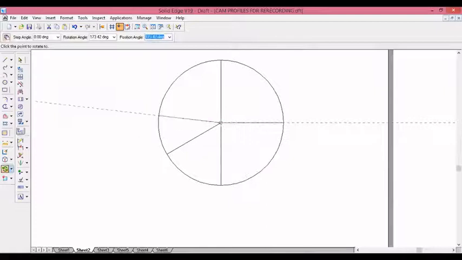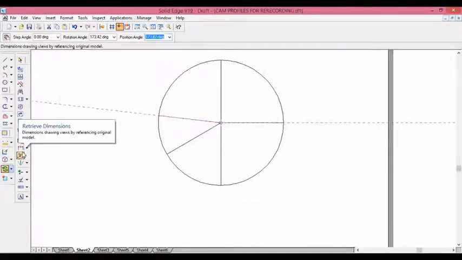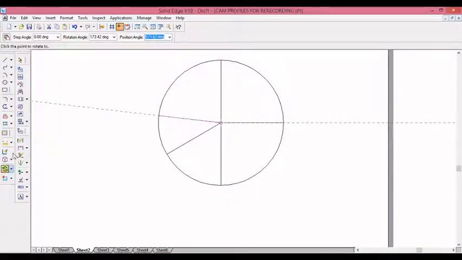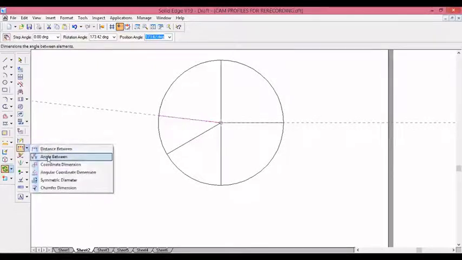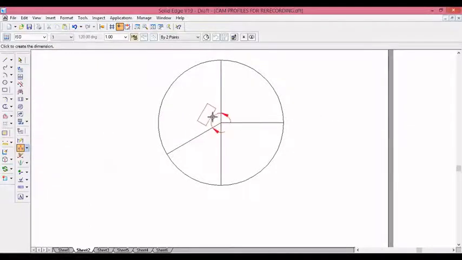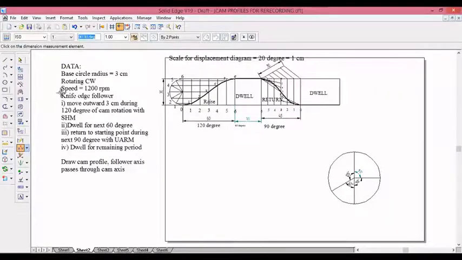We are measuring the angle anti-clockwise because the cam is rotating clockwise. This is 120 degree. This is 60 degree. This is 90 degree and remaining also 90 degree.